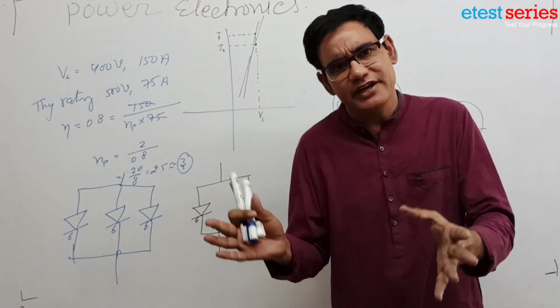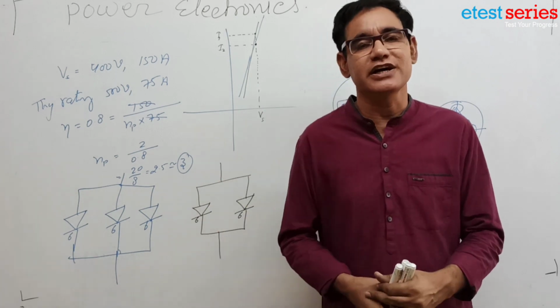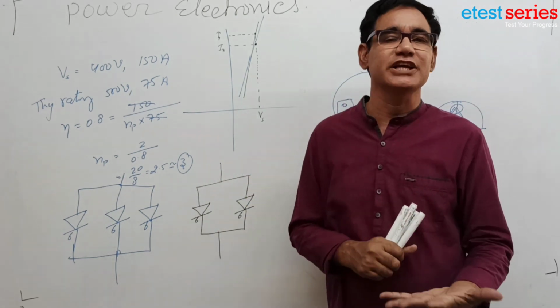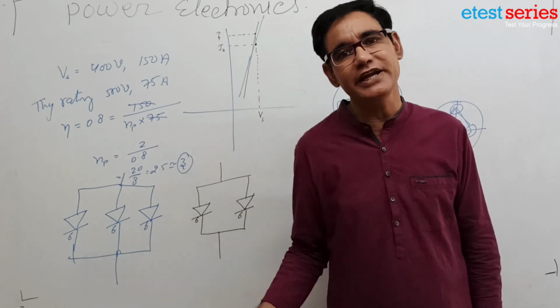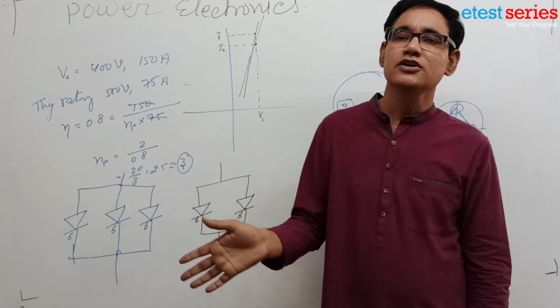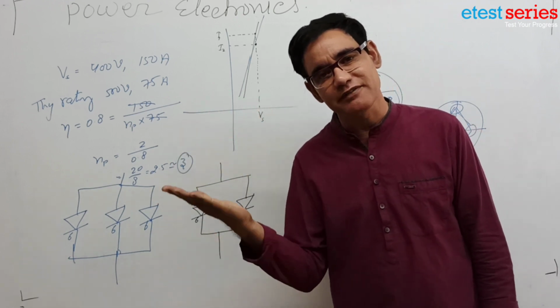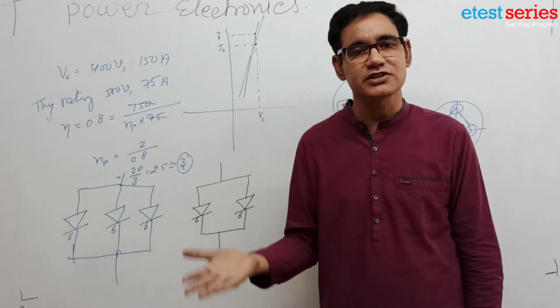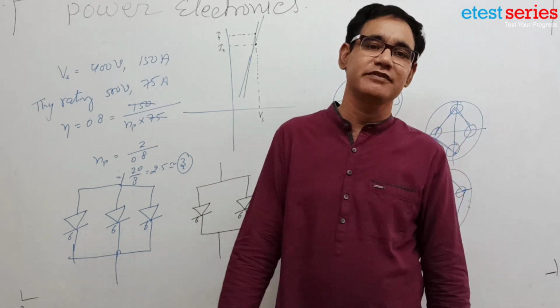So this is the way we connect the SCRs. We mount the SCRs on the heat sink so that equal heat is distributed over the whole. Each and every SCR has the same heat, so the same temperature coefficient, the same current, the same conductivity.